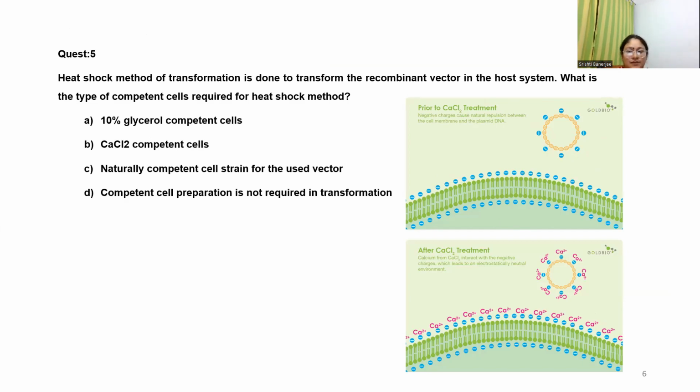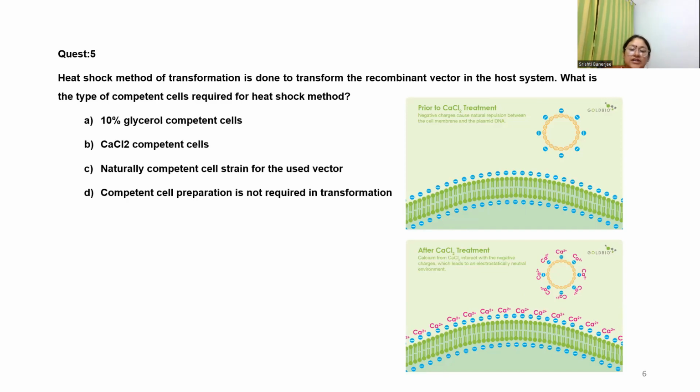So what is done is that a calcium chloride competent cell is prepared. The term competent cell means the ability to take up the DNA easily and then replicate. Prior to giving the DNA to the cell, it is treated with calcium chloride. Calcium chloride is positively charged, so it neutralizes the charge of both the DNA as well as the cell wall. Because the charge is neutralized, both have zero charge, so they will not repel each other.